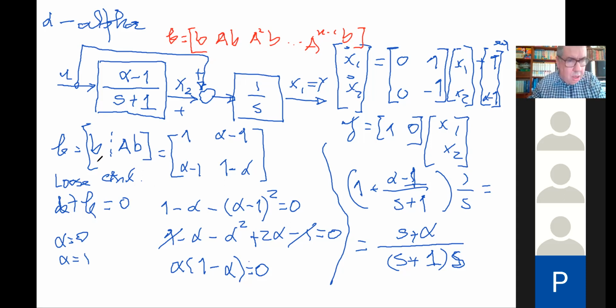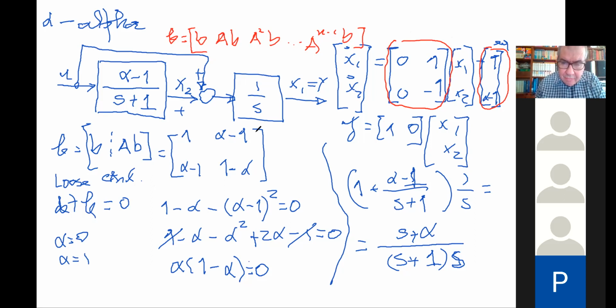Just after this B, on the right, AB. So you multiply the matrix A by B. So 0 times 1, and so on. Okay, understood, alpha minus 1. So it's just matrix multiplication.